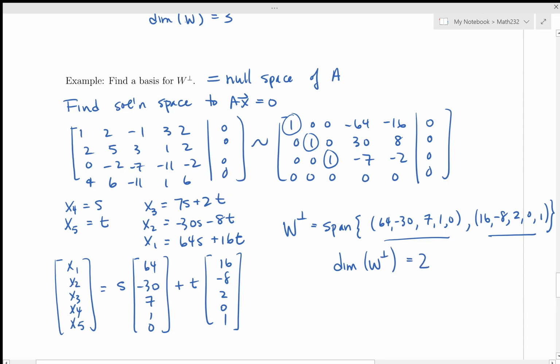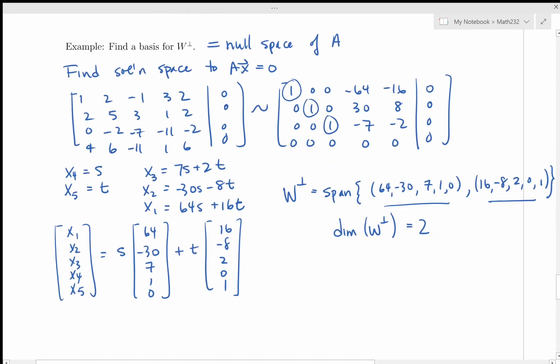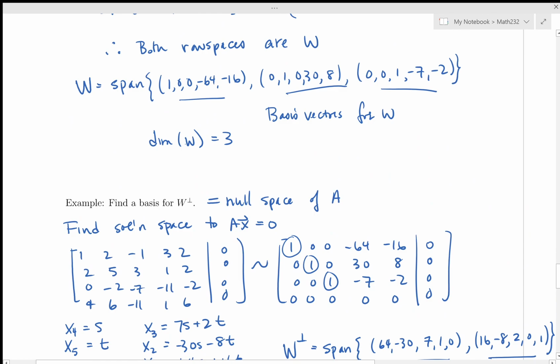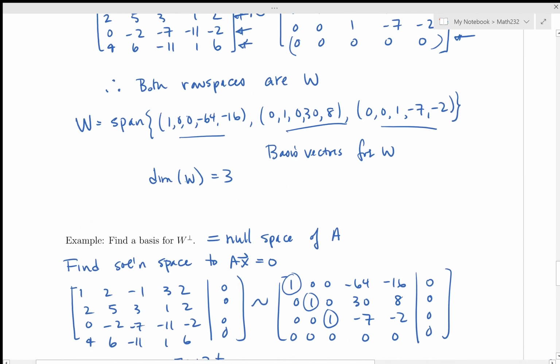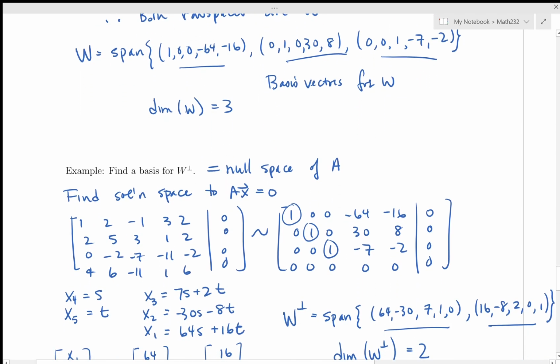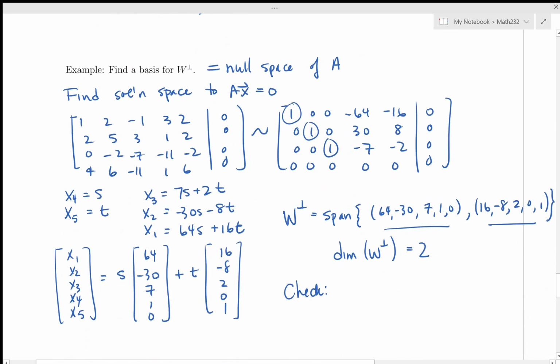I could actually check. We could check a whole bunch of them. I'll show you how to check one. Feel free to check a bunch more and make sure things are working. So check. Let's not lose where I'm at. Which vector did I choose? Oh, there.